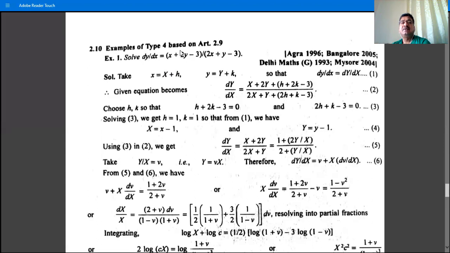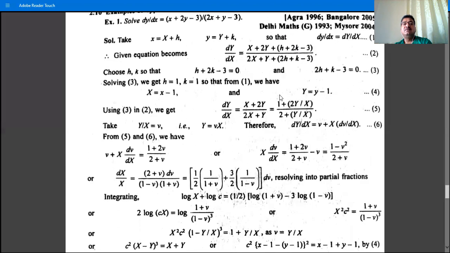After simplification, we have x plus 2y plus h plus 2k minus 3, by substituting x as capital X plus h and y as capital Y plus k. In order to manage this example, we have to put h plus 2k minus 3 equal to 0 and 2h plus k minus 3 equal to 0.